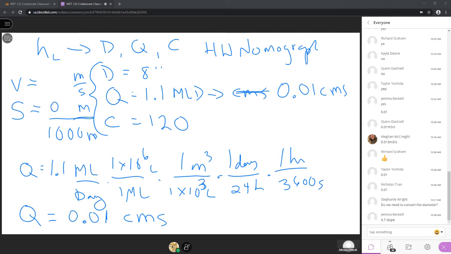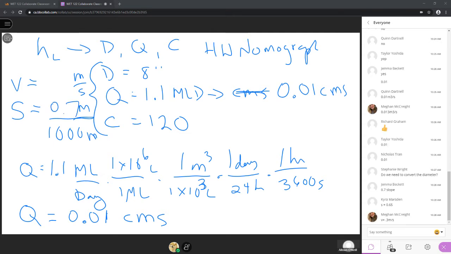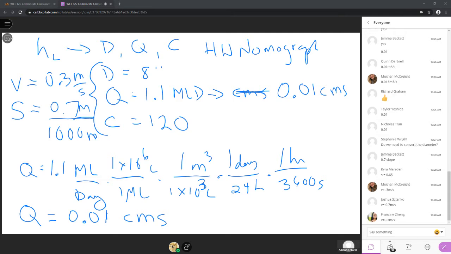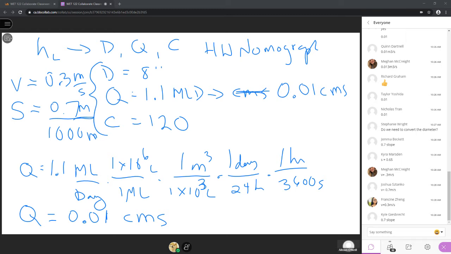Okay, so Jim is throwing down 0.7 meters per 1,000 meters. And Megan's throwing up 0.3 meters per second. Josh is saying 0.7. 0.3 meters per second, 0.7 slope. Okay.